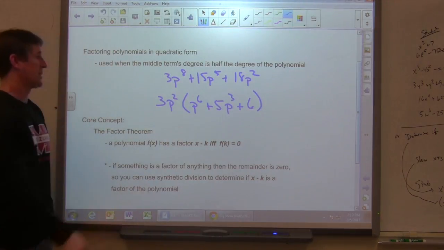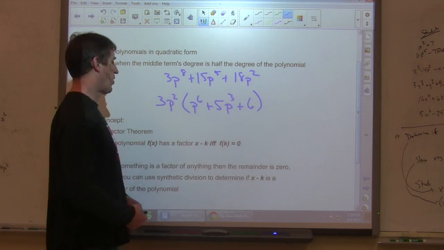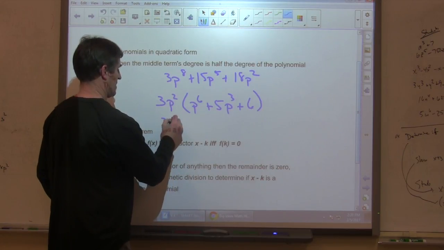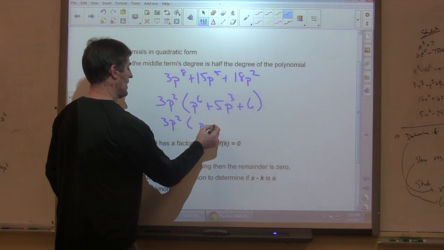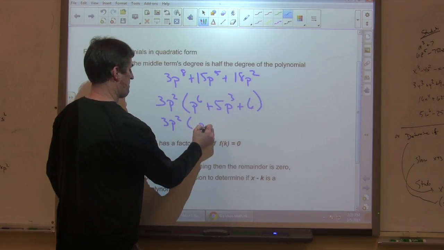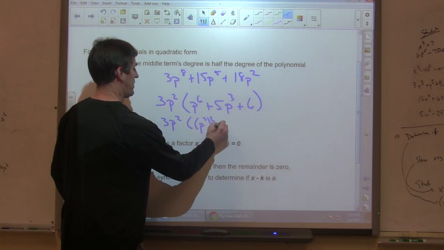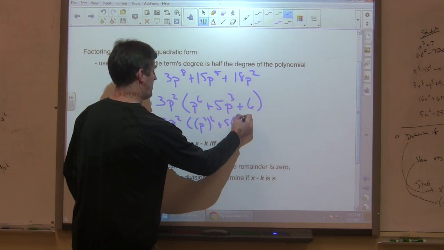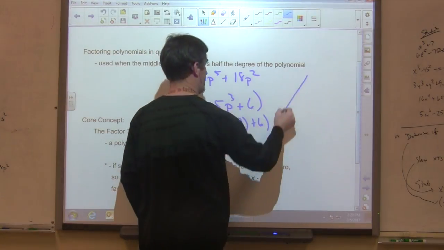Okay? Now here's the thing. This is half of this. So all I'm going to do is rewrite this. This becomes p to the 3rd squared plus 5p to the 3rd plus 6. So I use my x method.